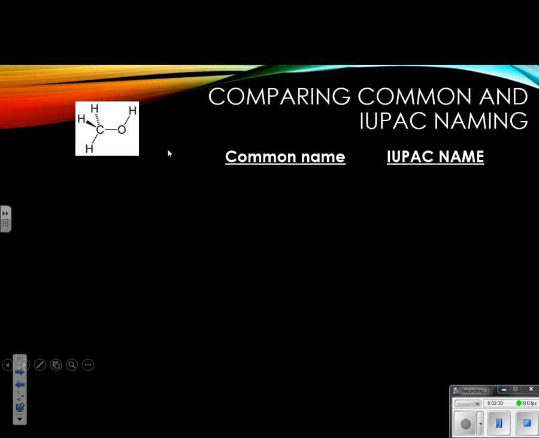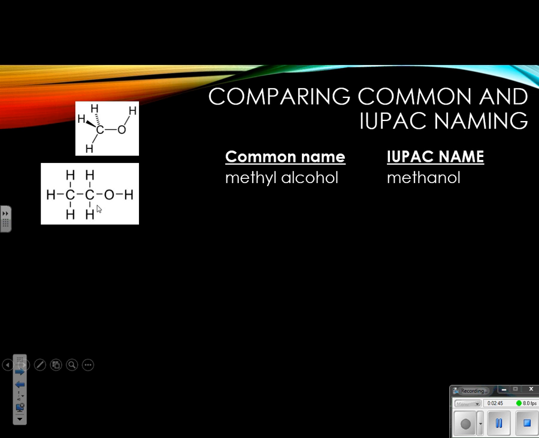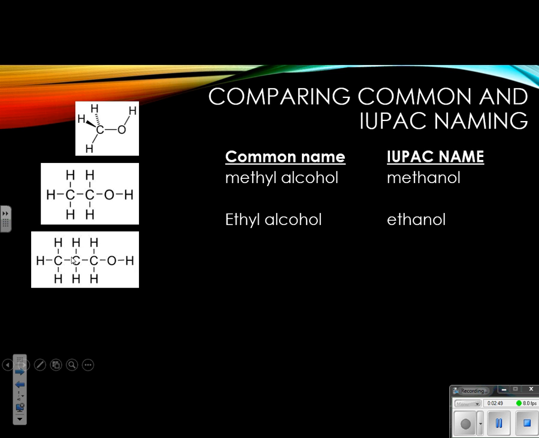So let's compare some simple alcohols with their common name and their IUPAC name. You'll probably recognize the common name and maybe not the IUPAC name. This is methyl alcohol, which is also known as methanol. This one, 2 carbons long, ethyl alcohol or ethanol. 3 carbons long, what do you think it's going to be?